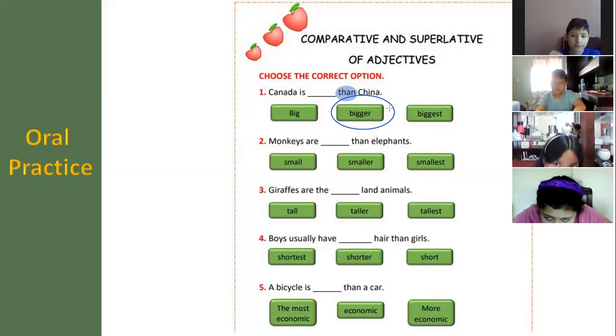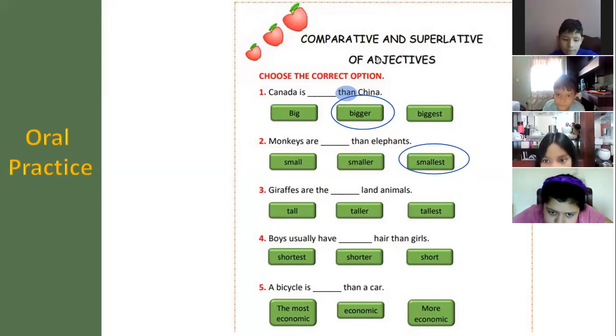Monkeys are than elephants. Yes, Daniel? What's the answer? Smallest. This one. Yes. Okay, Sebastian, look at Daniel's answer.